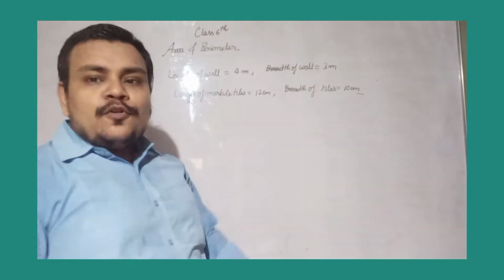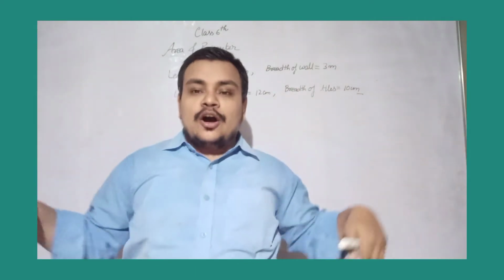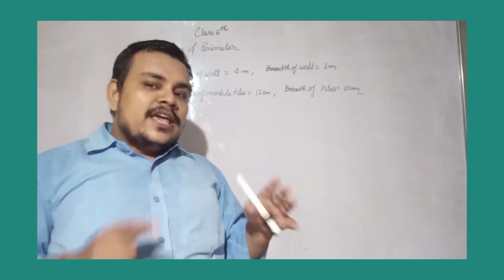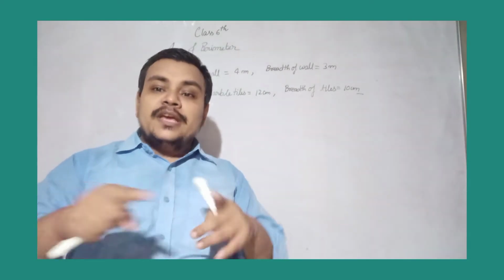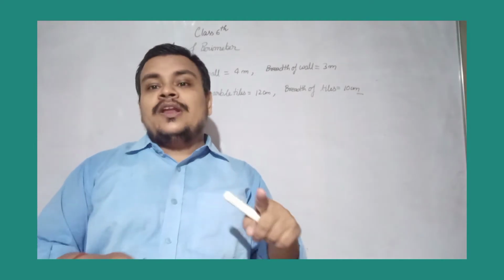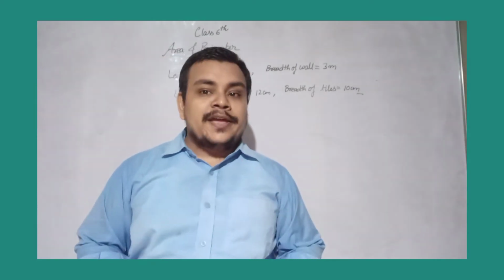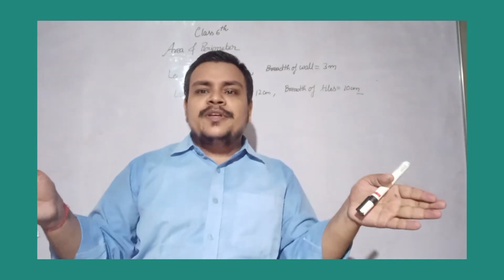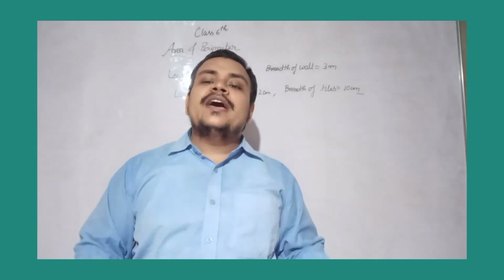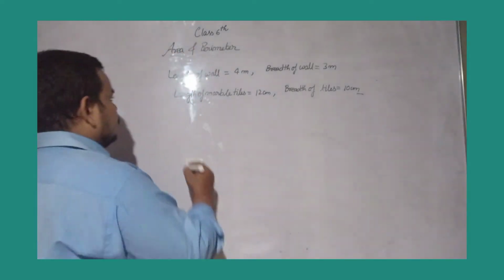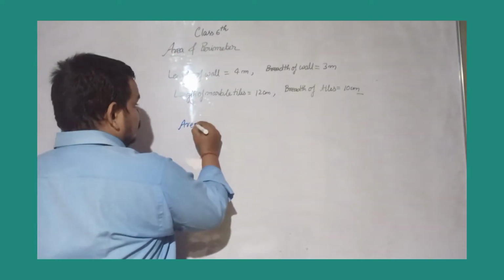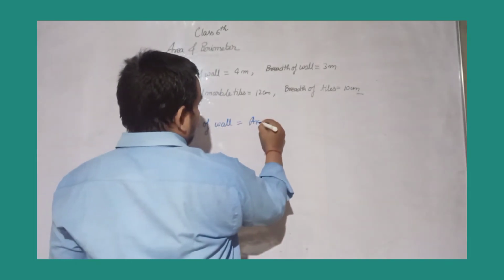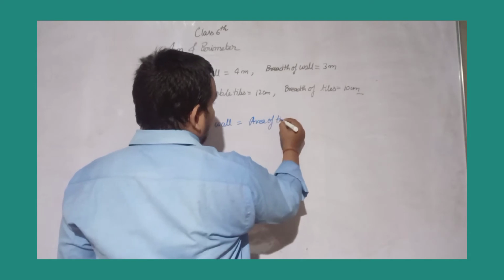As if you are filling a wall or the ground with tiles, then we can be sure that the area of the whole land will be equal to the area of the tiles, because if both are different, then some portion will be left over, or some portion will be in excess. So in this condition we have to use this formula: area of wall is equal to area of tiles.